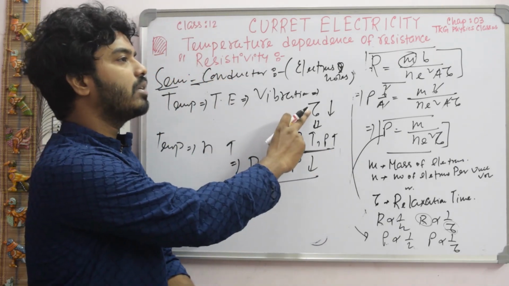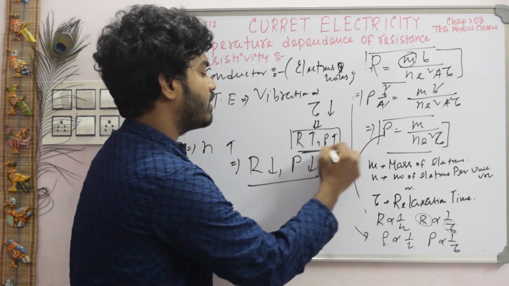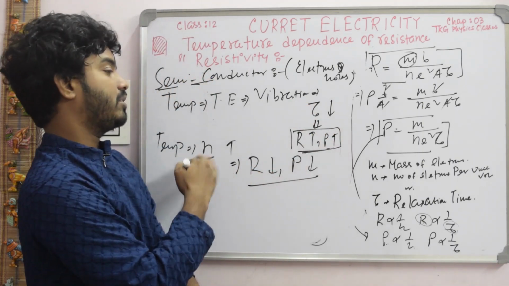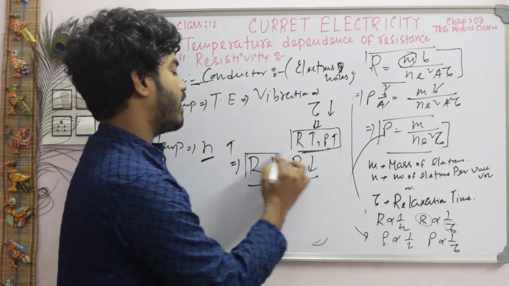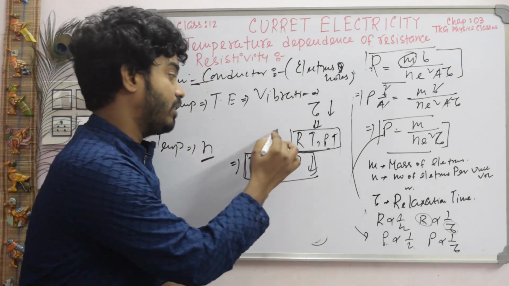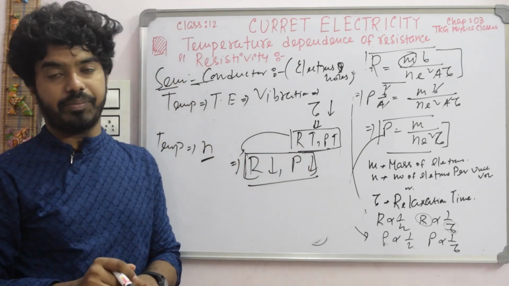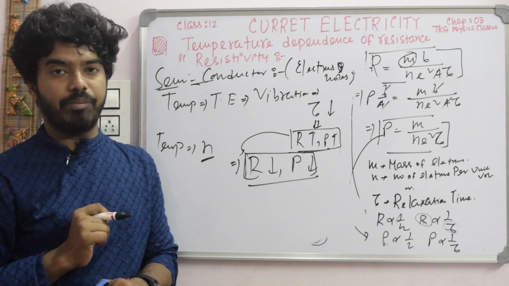So here, same method. For the tau concept, mean relaxation time, R and rho increase, but for the number of charge carriers concept, R and rho decrease. Now think, between these two points, which one is more significant?